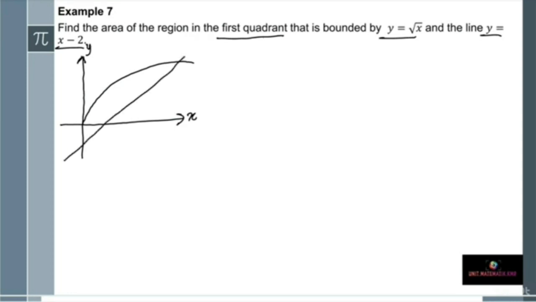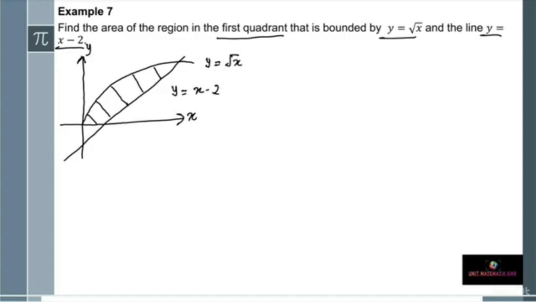In the first quadrant only, so where is the region? The region is this one. This one is y equals sec x, and this one is y equals x minus 2. What I do here is use the y-axis to integrate.